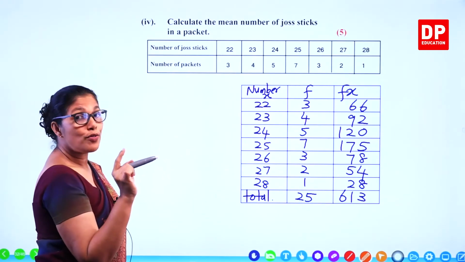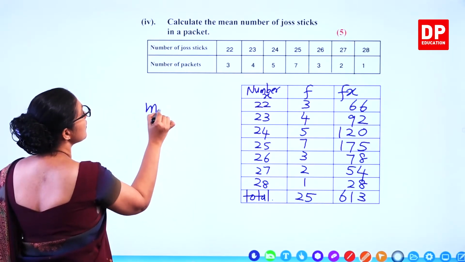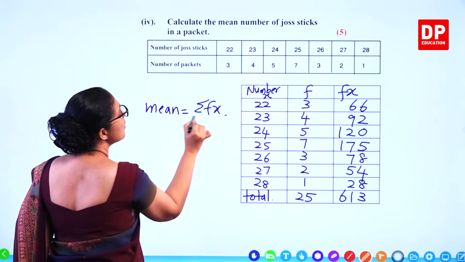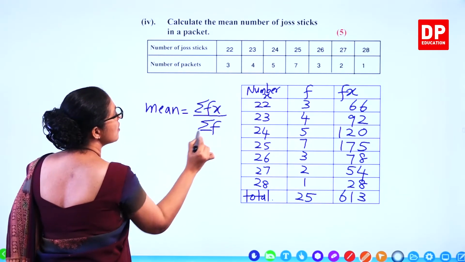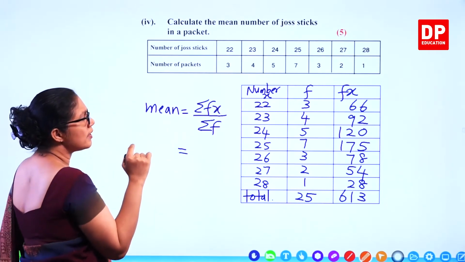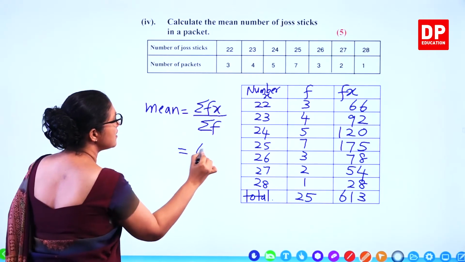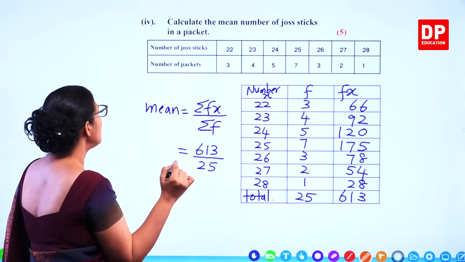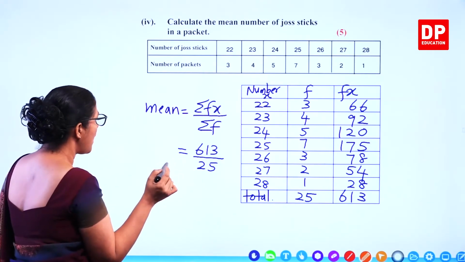So how do you find out the mean? Mean is total of fx over total of f. So total of fx, that's 613, divide by 25. We'll do long division and find out.